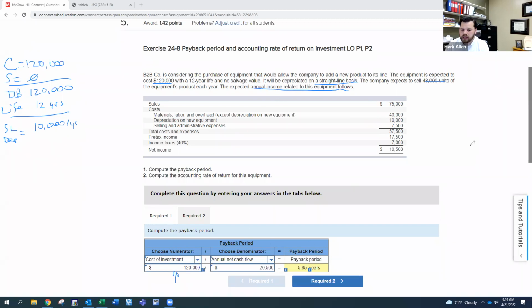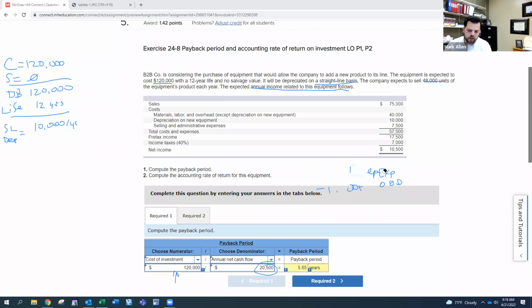We know our annual net cash flow because at this point we recognize that my cash flow is simply equal to my net income plus my depreciation expense. Well, because we're using straight line, that's going to be the same in each year, so 10,000. And they told me we expect these results each year. So that's 10,500. So my total here is 20,500. Drop that in right there. And then you just do your division and you've got your payback period complete.